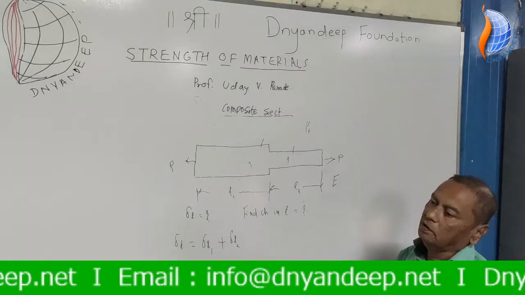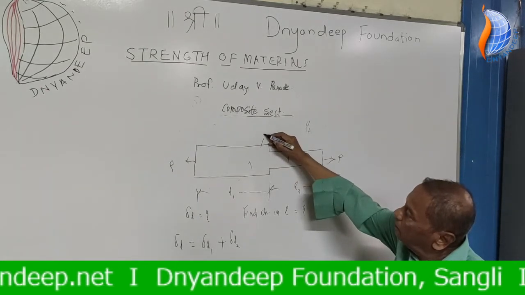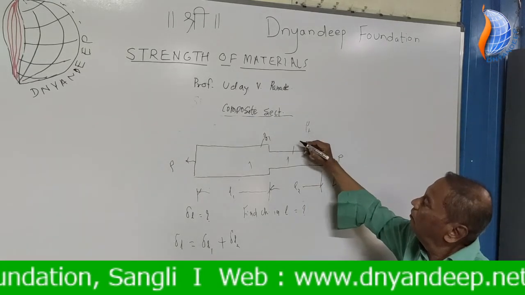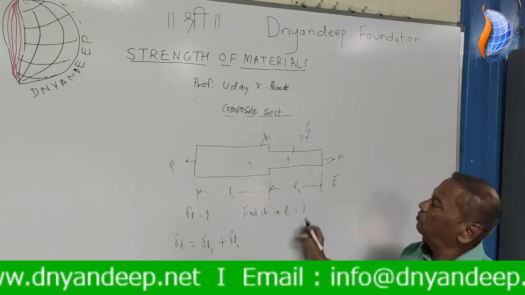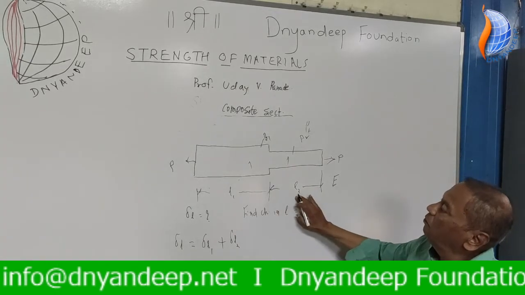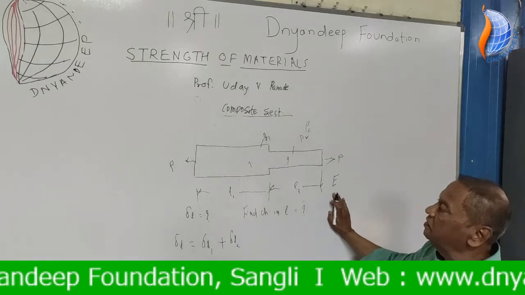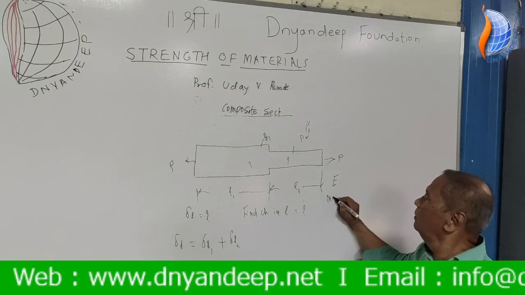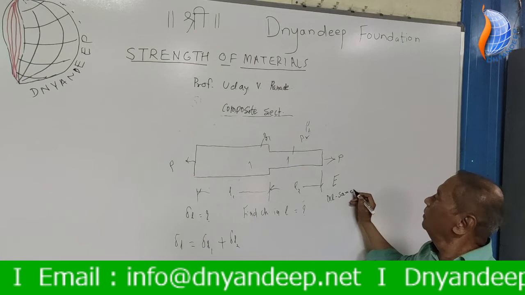We don't give numerical, we can take. Let A1 be cross section area for part 1 and A2 be cross section area for part 2, and L1 length for 1, L2 length for 2, whereas E is modulus of elasticity, and as material is same, E also is same.